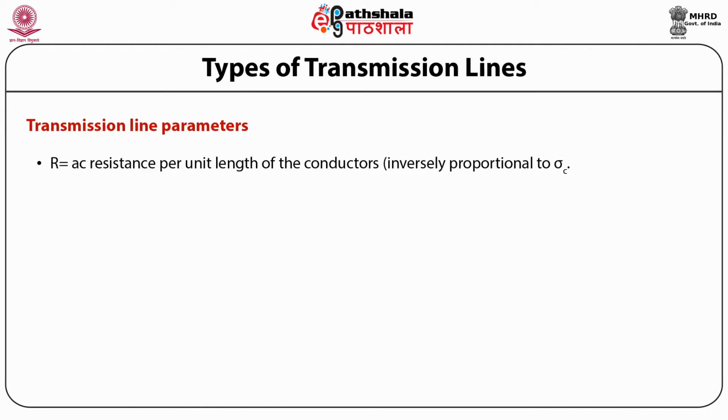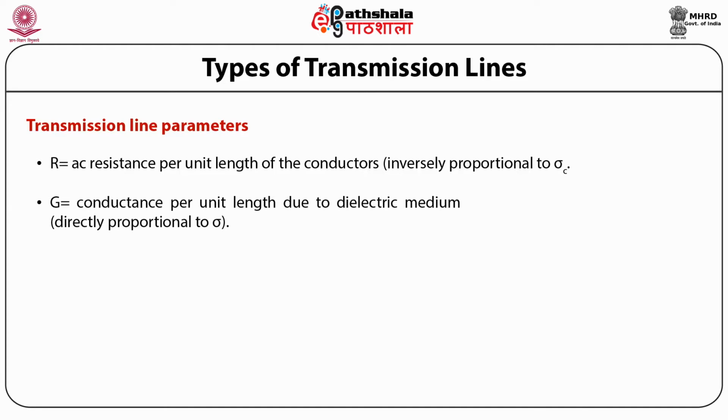Now here R is the AC resistance per unit length of the conductors, which is inversely proportional to sigma C. G is the conductance per unit length due to the dielectric medium, directly proportional to sigma. C is the capacitance per unit length due to the dielectric.